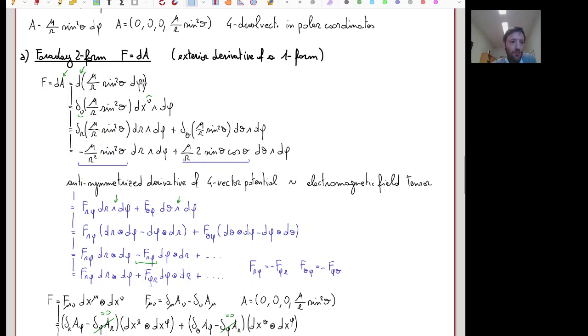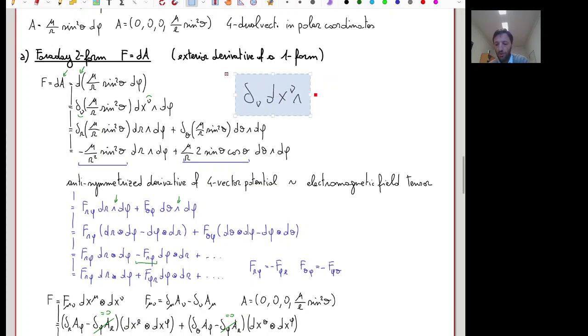Only the phi component is available, so that's this one. And then we apply the definition of the exterior derivative operator, which is this derivative with respect to nu, dx nu. That's the operator, which I just write here for your convenience. And then this is combined, if there are other bases, with the wedge product that you find here.